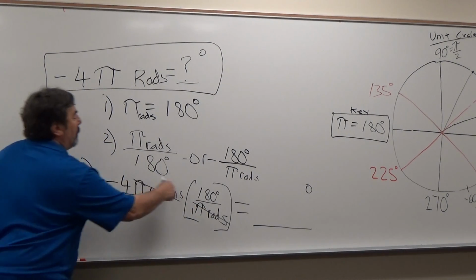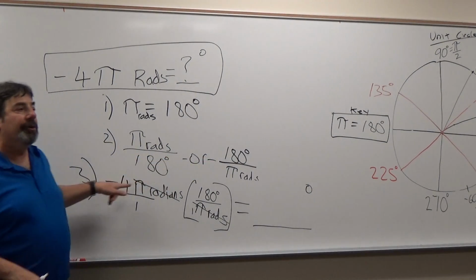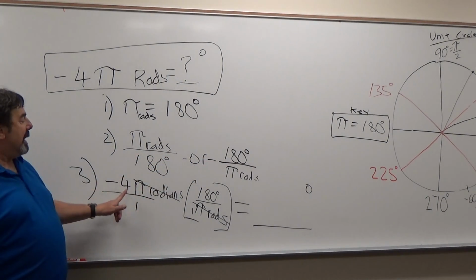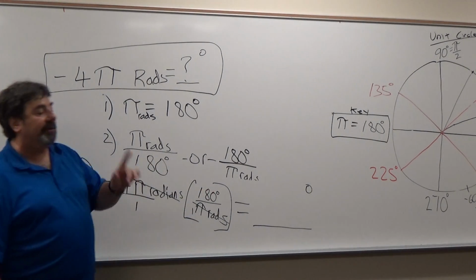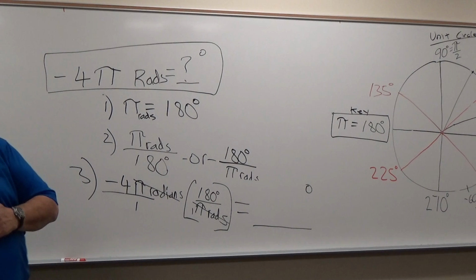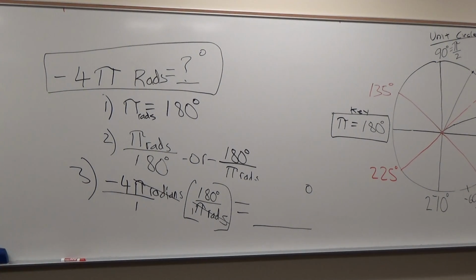Now, when you multiply fractions, you multiply straight across, numerator times numerator. So I now have negative 4 times 180 degrees. Calculator. Negative 720 degrees. Very good.